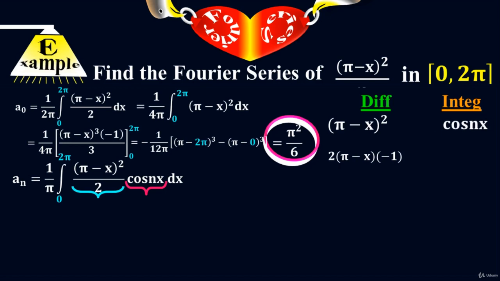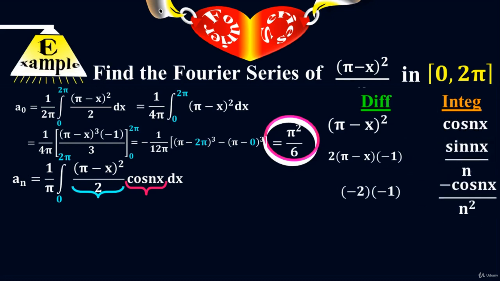Integration of cos nx equals sin nx over n. Derivative of this term equals minus 2 times minus 1. Integration of sin nx over n equals minus cos nx over n square. Derivative of this term equals 0. Integration of minus cos nx over n square equals minus sin nx over n cube.